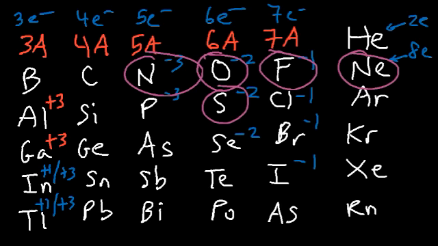So in this case, oxygen and sulfur are chemically similar because they're both chalcogens. They're in the same column. Fluorine and chlorine are chemically similar to each other. They're both halogens. They have the same number of valence electrons, and so their chemical reactivity is similar.